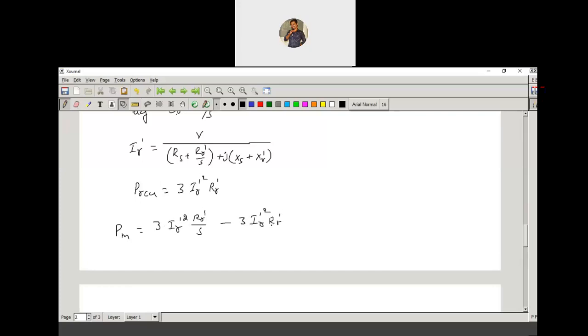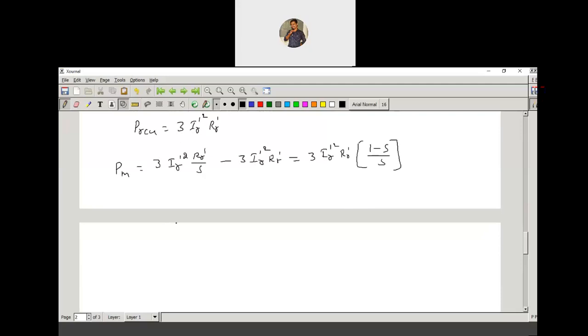If you solve this, you can take IR dash square and RR dash common. So you are going to get 1 by S minus 1, that is, you can write it as 1 minus S by S.